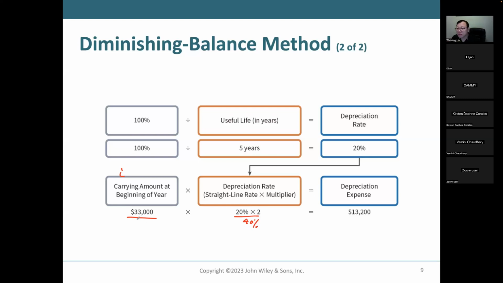So 33,000 times 40%, so I get 13,200, depreciation expense. So in this example, this is a double diminishing balance method, right?